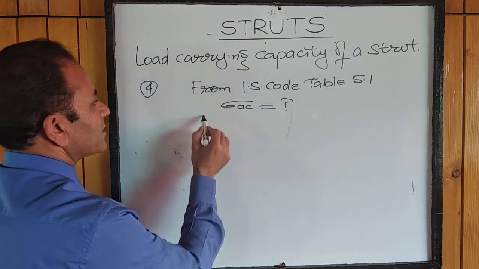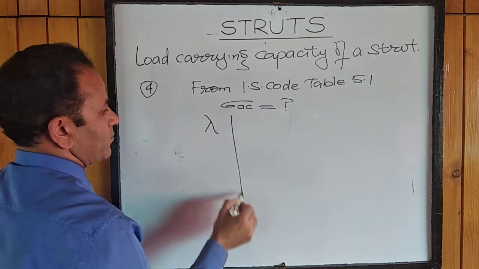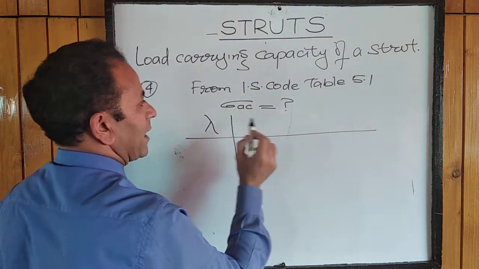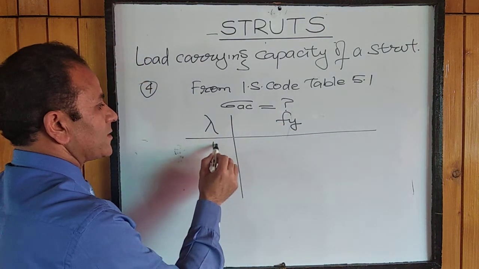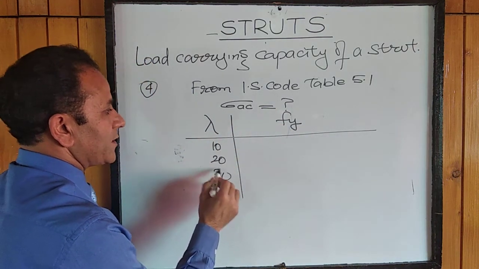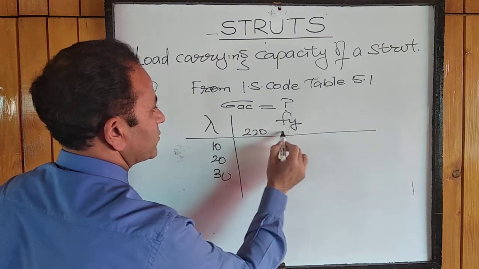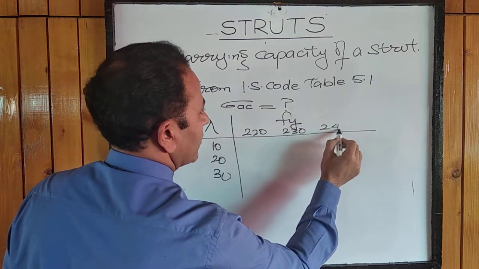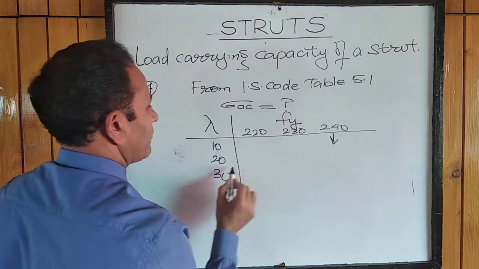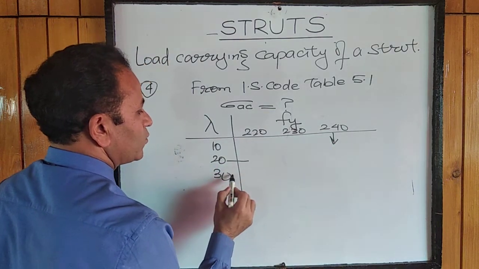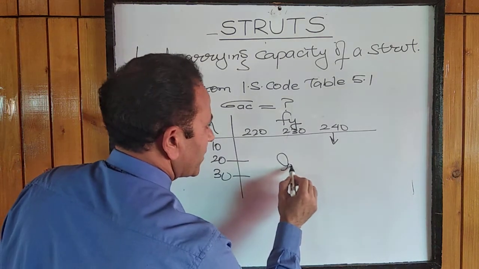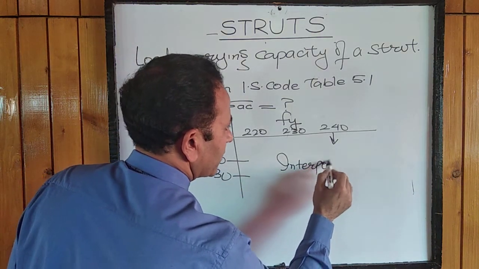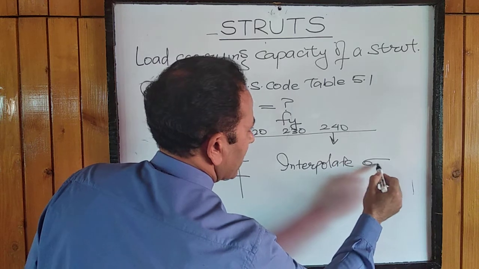In that table, sigma AC varies with respect to lambda and Fy. So we interpolate the values. These values are given for lambda 10, 20, 30 and so on, and for Fy 220, 230, 240 and so on, whatever is our value. Wherever our value of lambda lies in between two values, we will interpolate the value of sigma AC.